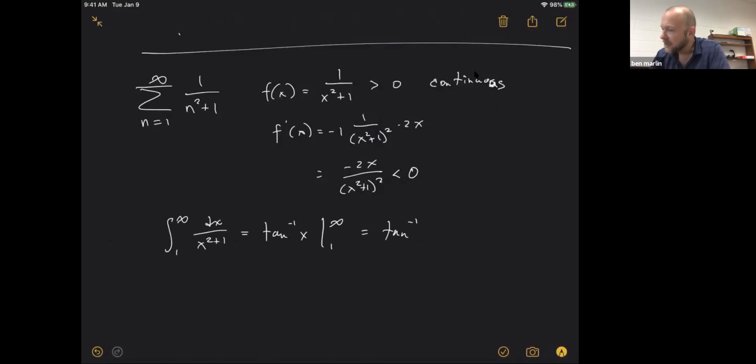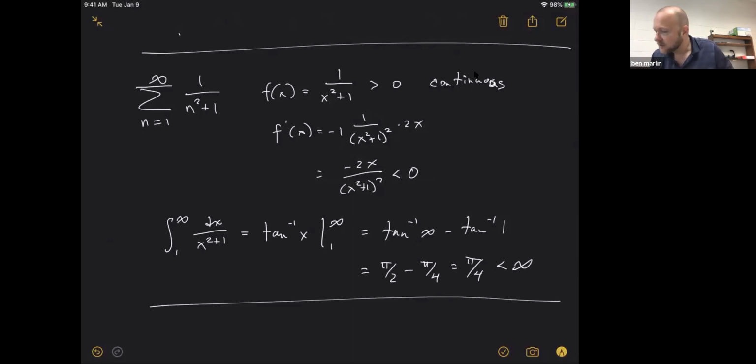And your arctangent of infinity, again, you really think you have a limit, is going to end up being pi over 2. And your arctangent of 1 is going to be pi over 4. So this answer is pi over 4. The actual value doesn't matter. It just matters that it is not infinity.